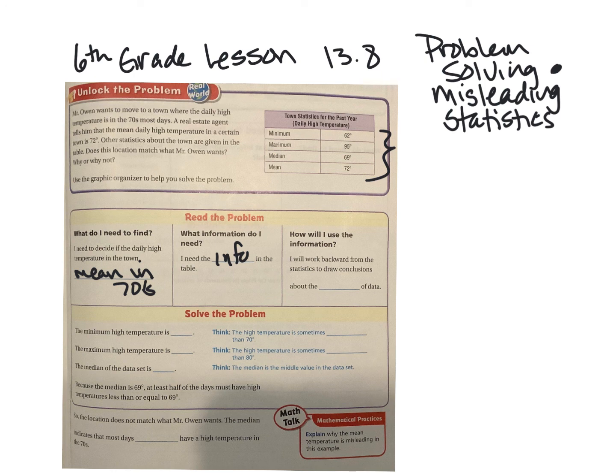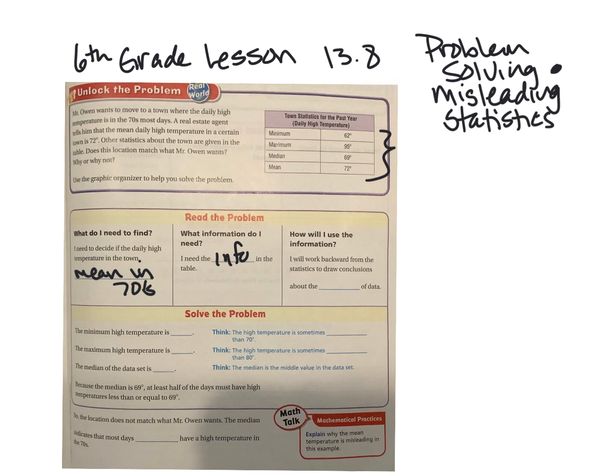If there's a big outlier, it can draw the mean upward a little bit, skew it a little bit. And so sometimes the median might be a better idea of what the measure of center is. Look at our median, because it looks like we have an outlier there. So that's probably what's going on here. We may have misleading data.